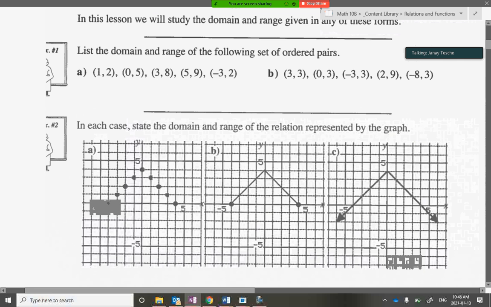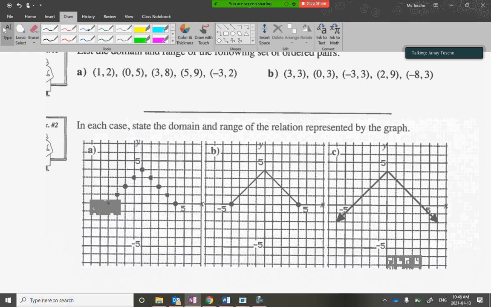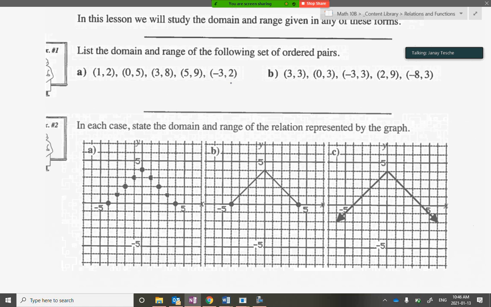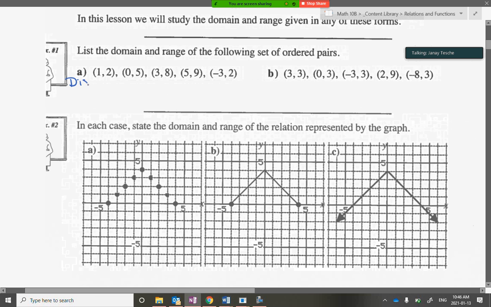So on class example 1, the first one, let's just do our domain because the space is really small. They've listed coordinates for me. If we were to have graphed those coordinates, they're just dots on a graph, correct? So this is discrete data, so we just list it. My domain, you do a fancy bracket, and we're just listing out our values.